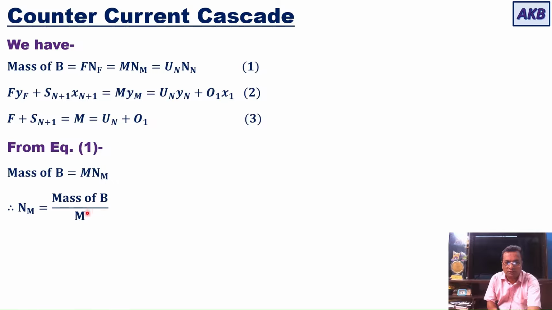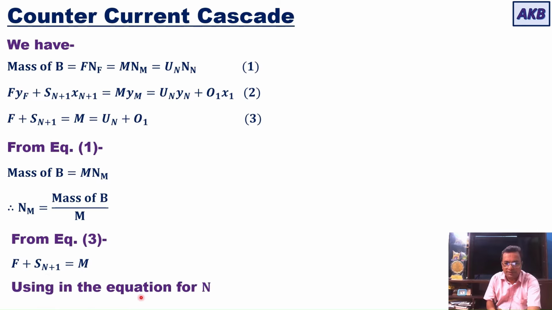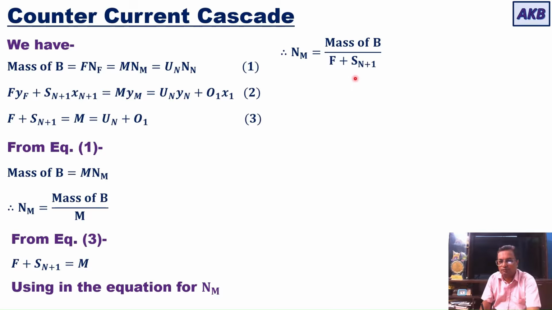From equation 3, I can write F plus Sn plus 1 is equal to M. Now I can replace M in the equation for NM with this. So, using this, I get NM is equal to mass of B upon F plus Sn plus 1. I have done this in order to have an equation that can be used to calculate NM.